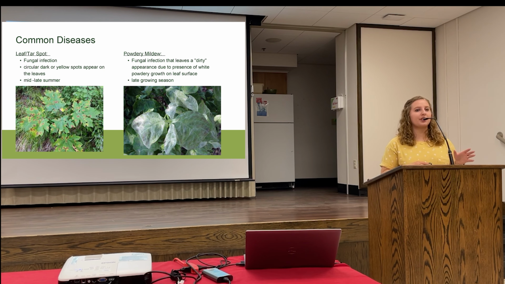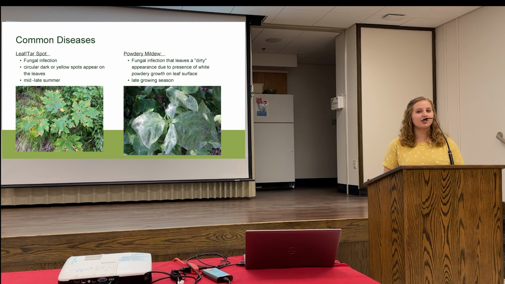Okay, so all 3 of these species have kind of the same common diseases that affect them. So the first is called leaf or tar spot, and you've probably seen it before. It is a fungal infection, so these form circular, dark, or yellow spots on the leaves in mid to late summer.